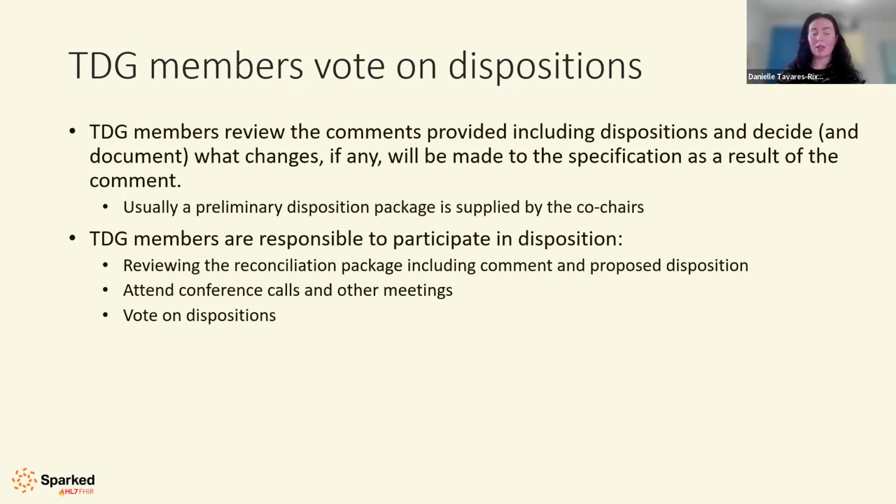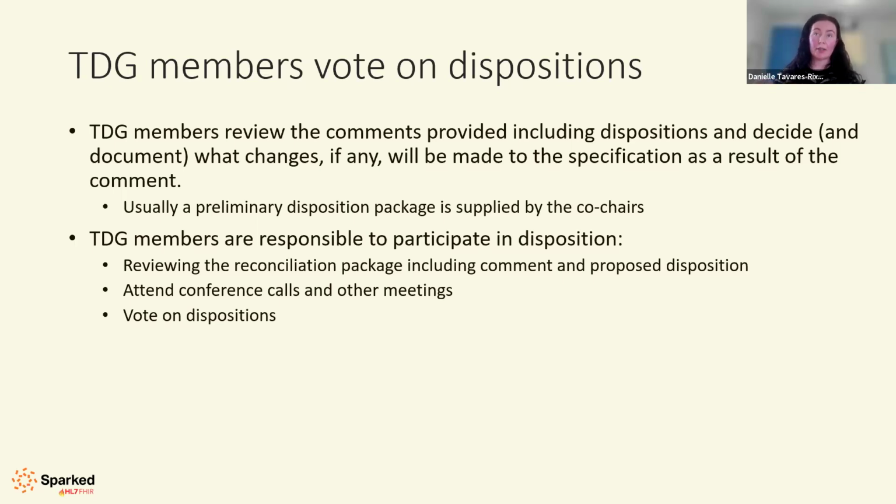All of that information is then provided to TDG members with at least a week's notice, preferably two, to review that, to review the comment that was raised in the first place, and to review any suggested disposition that the co-chairs have put together.